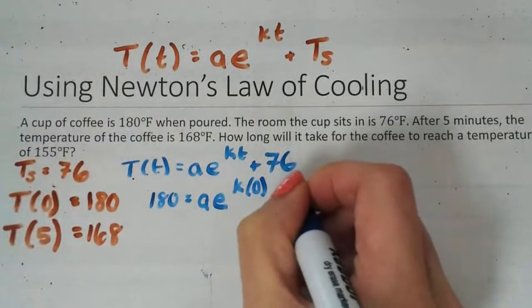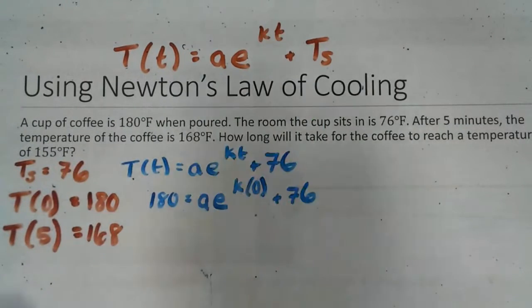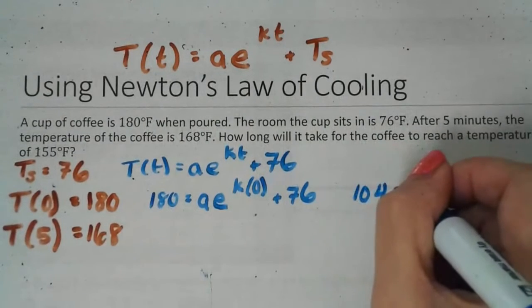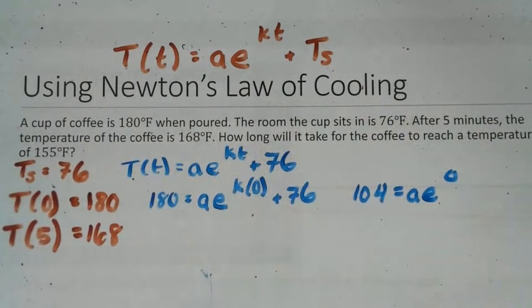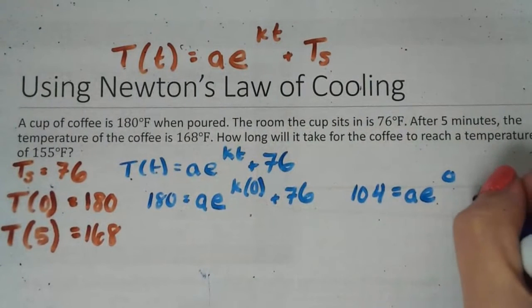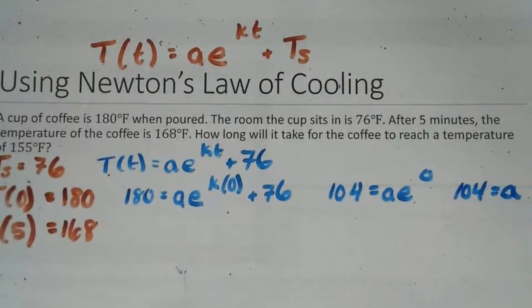And that is plus 76. If I subtract over the 76, then we get 104 is equal to A e to the 0, because k times 0 is going to be 0. But e to the 0 is just 1, so we get 104 is equal to A times 1, which is just A. So we now know A is equal to 104.